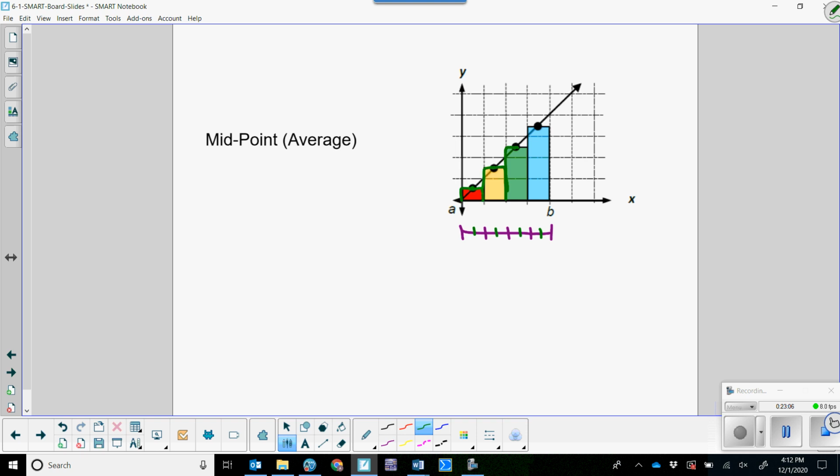Midpoint of the interval is the height, and then draw your rectangle. Now you can see that that ought to be a little better approximation because you're always going to have a little piece that's out and a little piece that's in. No matter the shape of the graph, you'll have some over and some under. So it can be a better approximation.